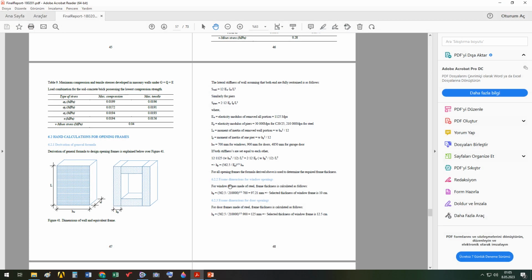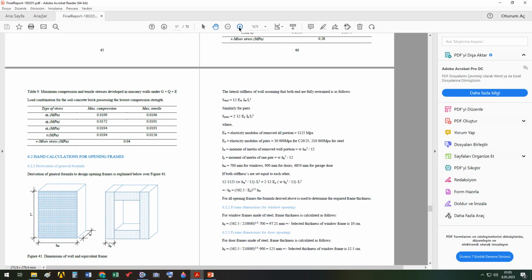And now I come here. If both stiffnesses are set equal, as piers and as wall, I will get this formula. And from here I get this equation.